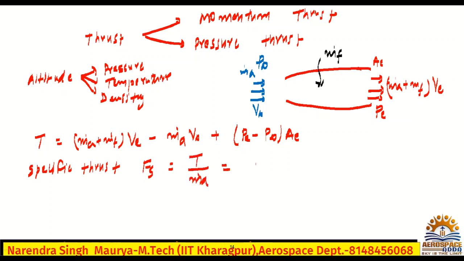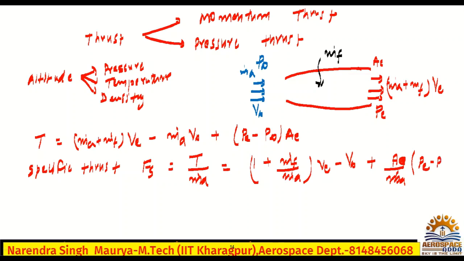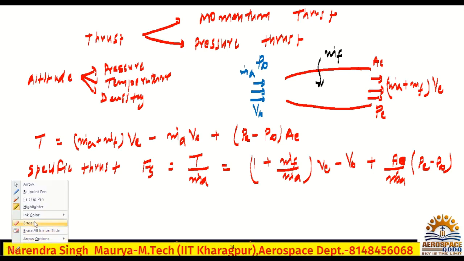So if you write this, then what you will get? 1 plus mf by m dot a, into (Ve minus V infinity), plus Ae by m dot a, in bracket (Pe minus P infinity). Yes or no? So let me correct, this is Ae.